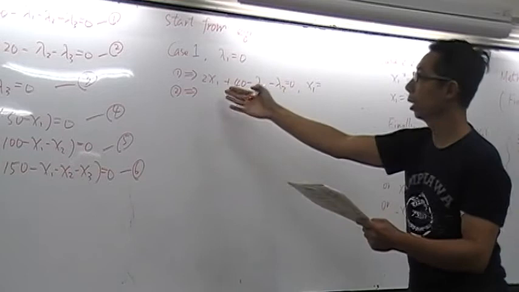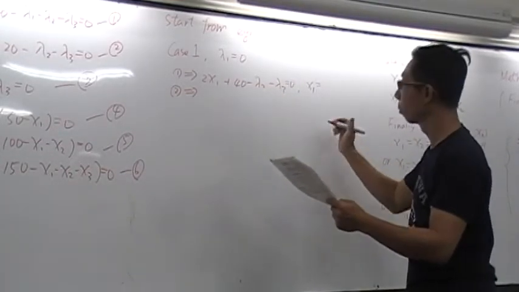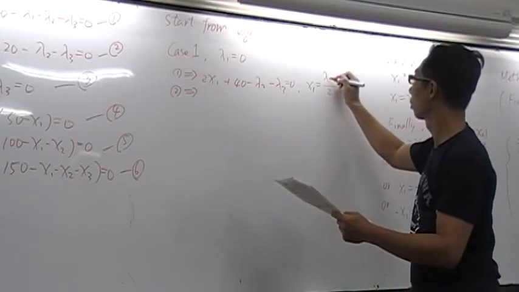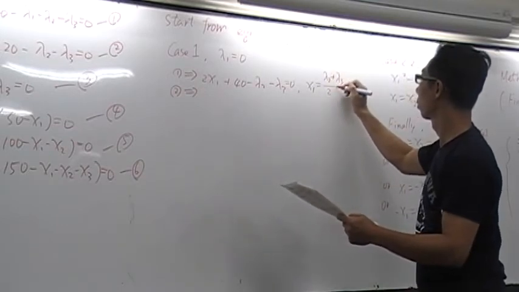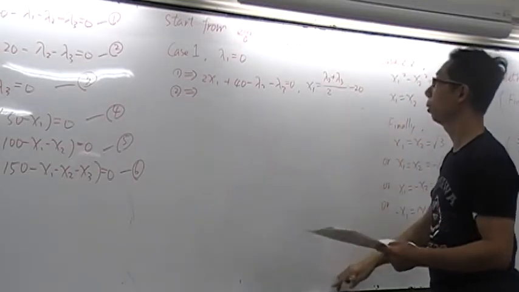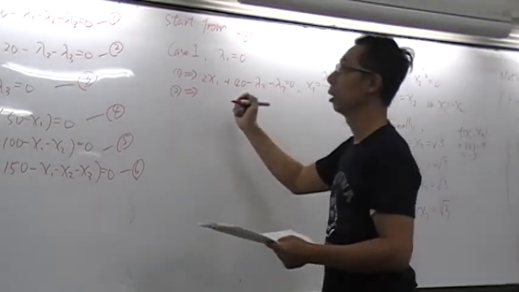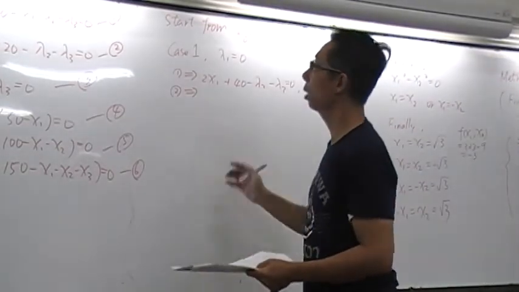So in this case, equation 1 becomes that, so x1 equals minus 20, okay? So in this way, x1 can be solved, and then for equation 2, we can directly solve for x2, okay?